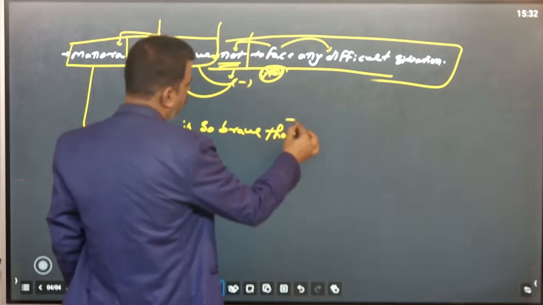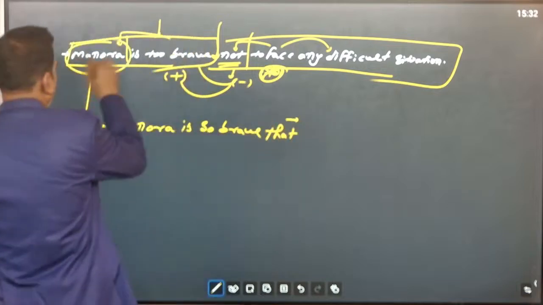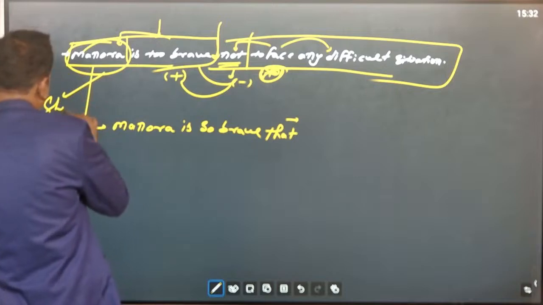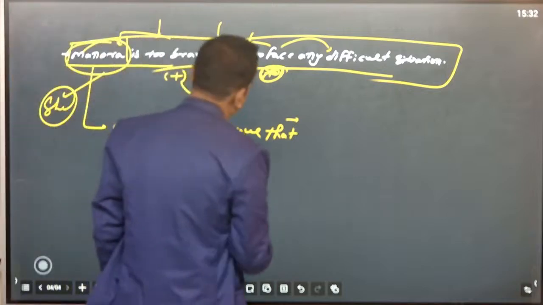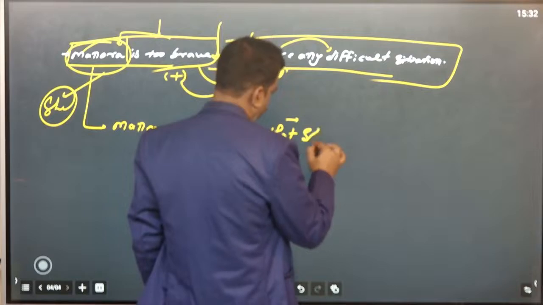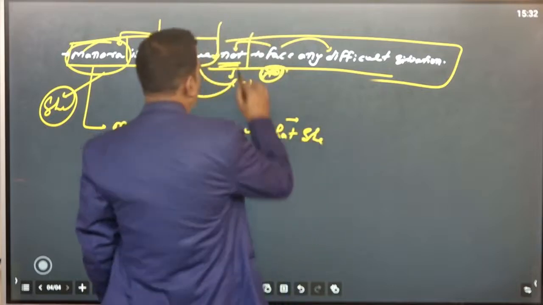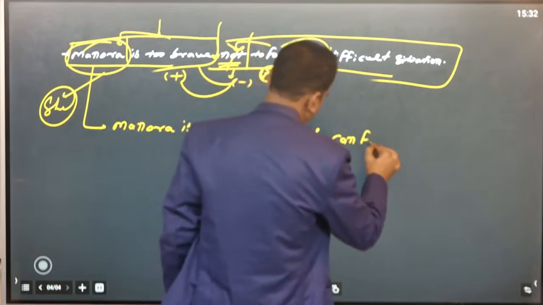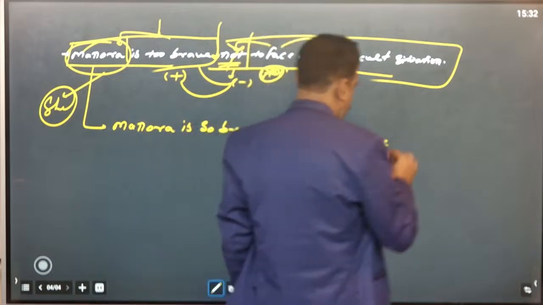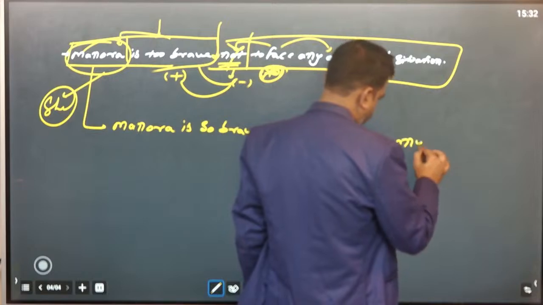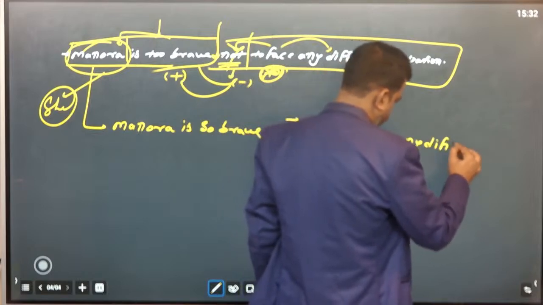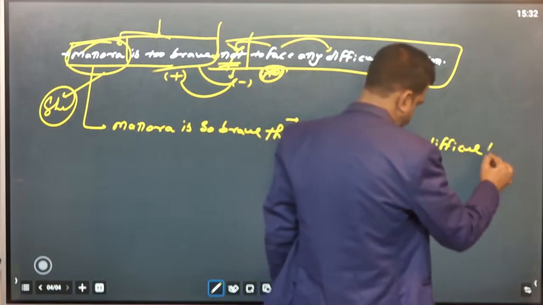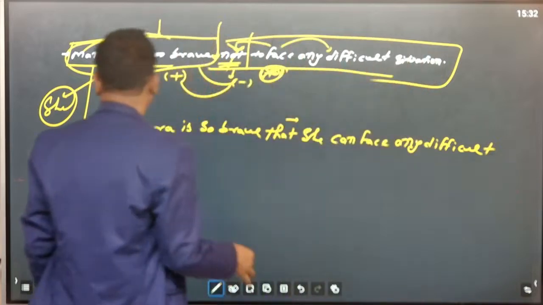Now we need the subject, and the subject is Manorama, so we will go with the pronoun, which is "she". "Not" will be removed, "can" is used. Can face any difficult situation.